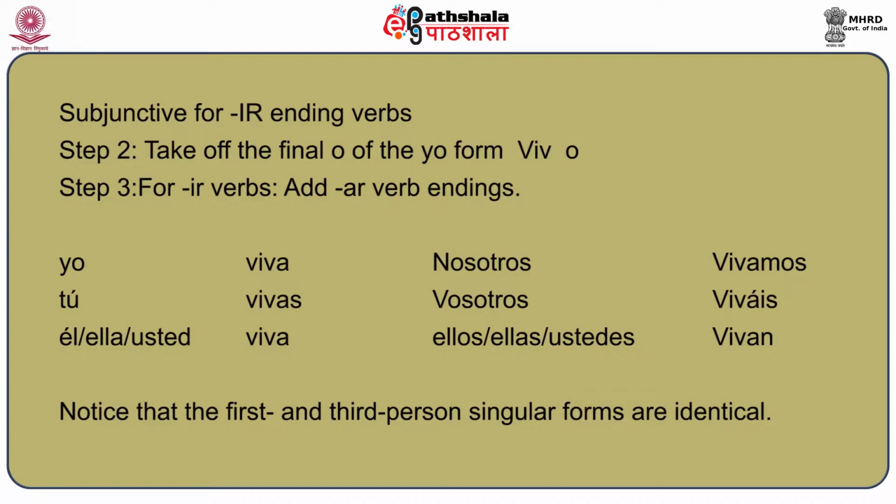The conjugations are yo viva, tú vivas, él, ella, usted viva, nosotros vivamos, vosotros viváis, ellos, ellas, ustedes vivan. Again, notice that the first person singular and the third person singular are identical and can be understood by mentioning the subject pronoun or by the context.